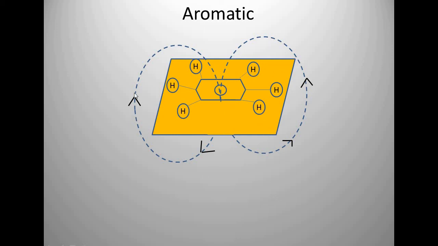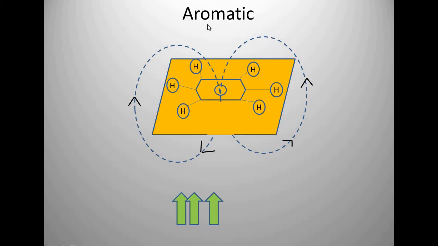When this induced magnetic field is generated, consider it is coming from your back camera side, then sideways, from your volume plus-minus key, and then coming inward to the center of the screen. The proton present at your center button, or at the corner of your mobile, experiences an upward magnetic field. Consider this proton or this proton, it experiences an upward magnetic field which is parallel to your external magnetic field.